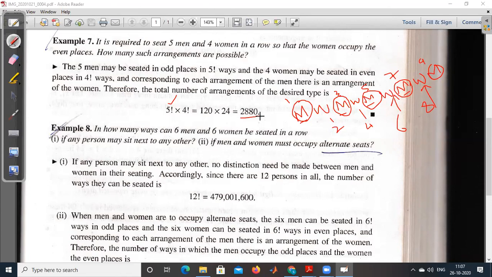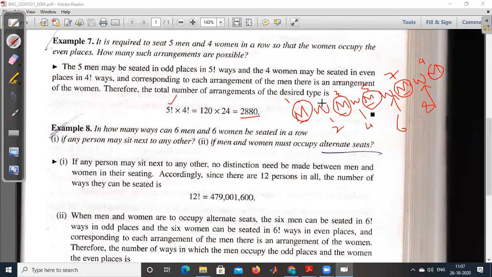So it is required to seat 5 men and 4 women in a row, or in a line. How many such arrangements are possible? So the women take the second, fourth, sixth, and eighth positions, and the men take 1, 3, 5, 7, 9.